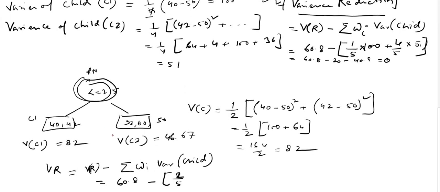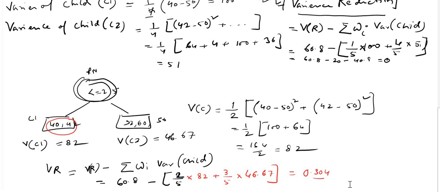Let's understand why 2 by 5, because I have only 2 observations here out of a total of 5 observations, into, what is my value for this one? 82 plus 3 by 5, this is my weight, into, this is 46.67, and ultimately it will come 0.304. So the thing is, whatever variance reduction is giving me the maximum, select that split.